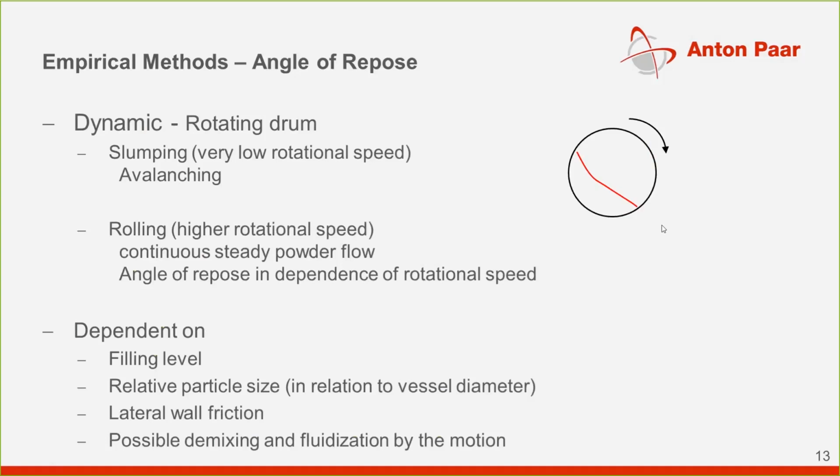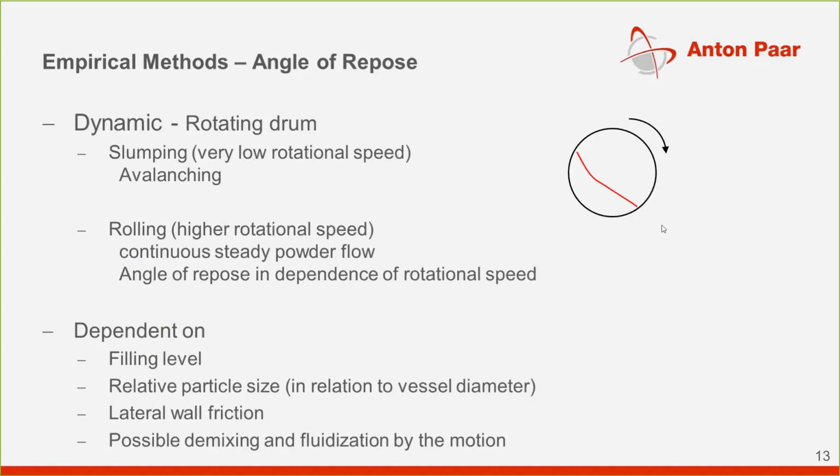What is quite an issue, as in quite many measurement methods, is the particle size, so how the particle size relates to the vessel size. Because if the particles get too big, this will influence the measurement, because you will be seeing what happens between the particles and the vessel instead of just particle-particle interaction.